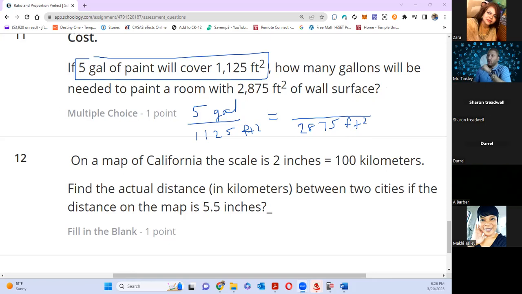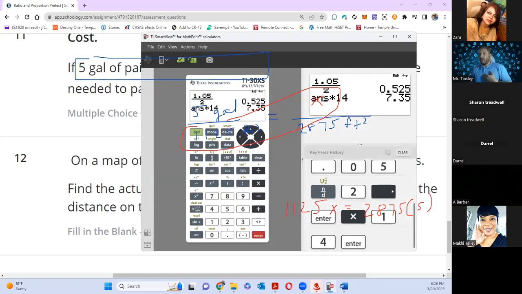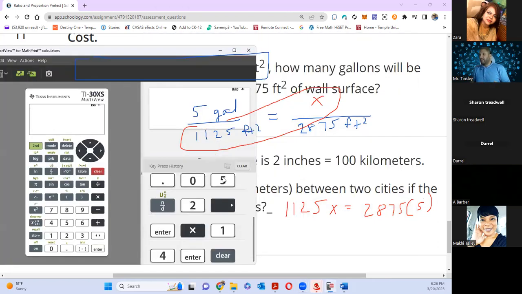So now if we want to cross multiply, I'm going to use the term with my X first. So I'm going to have 1125X is equal to 2,875 times 5. Listen, again, I've been using the ebook. Mr. Tinsley showed me how to use the calculator once I set my proportion up.